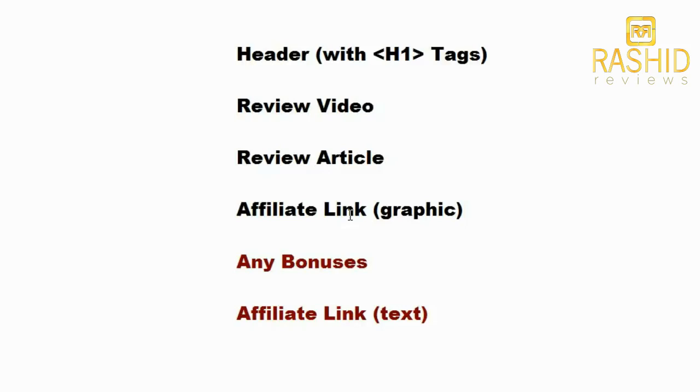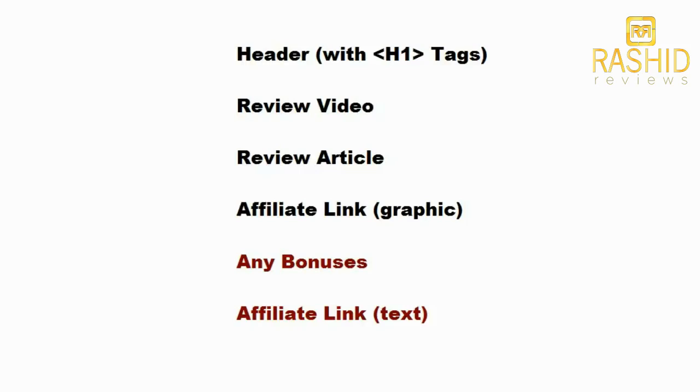It's easier to see. Now, the last two things are optional, which is why they are in red here in the text. Underneath my affiliate link, I put any bonuses that are available. So if I'm going to give a bonus away, I'll list them underneath my affiliate link graphic. If I'm going to get some bonuses from the vendor, or if the vendor is putting bonuses in the members area or the download area for the product, I will list them underneath the affiliate link graphic as well.